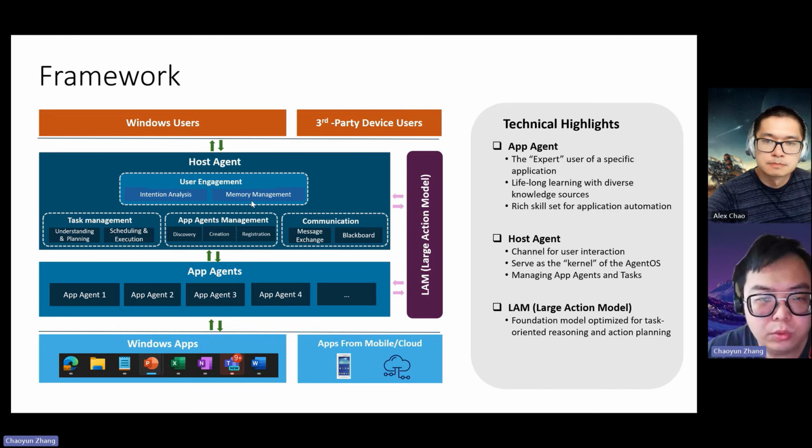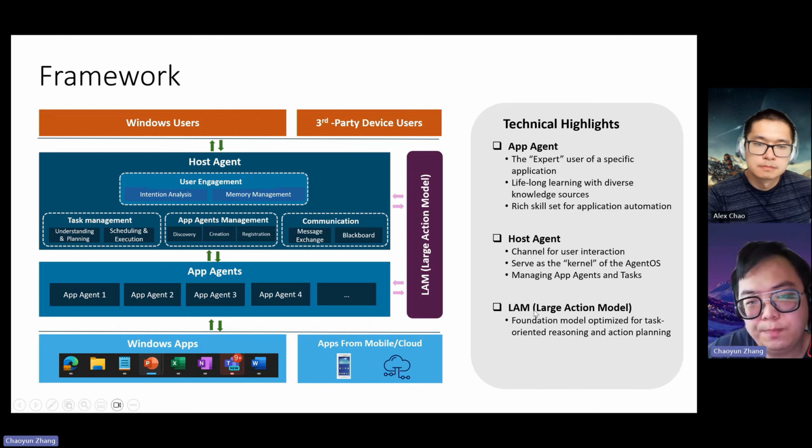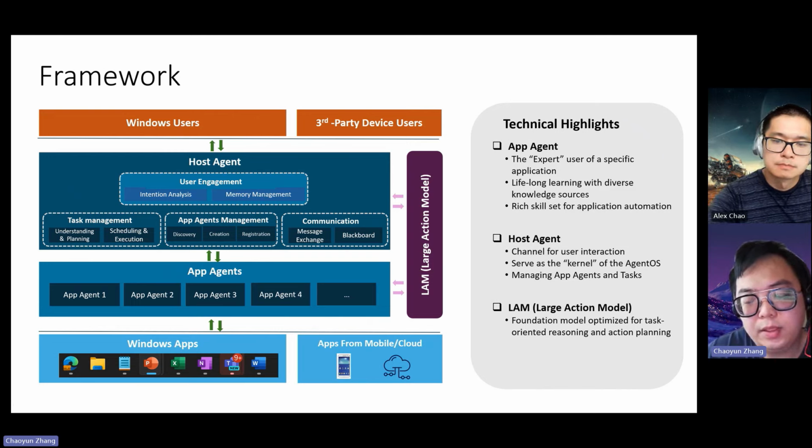To empower these two agents, the core of this framework is called the large action model, which is LAM. So the LAM is actually a variant of the large language models, but the difference is that instead of outputting natural language like the LLM, it also outputs the action sequence.